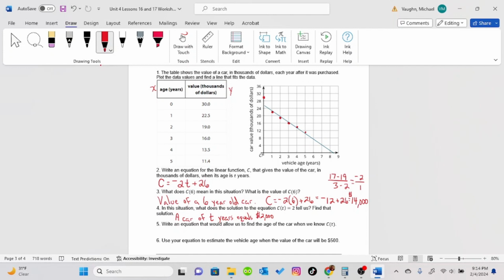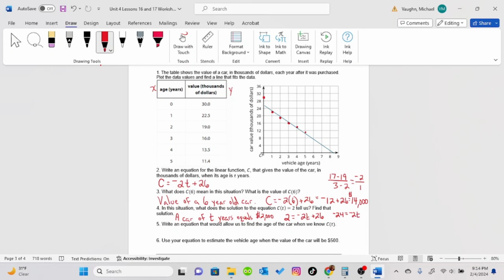So now we're going to say 2 equals negative 2t plus 26. We're going to subtract 26 from both sides. 2 minus 26 is negative 24.